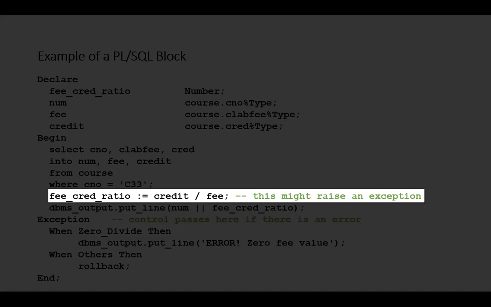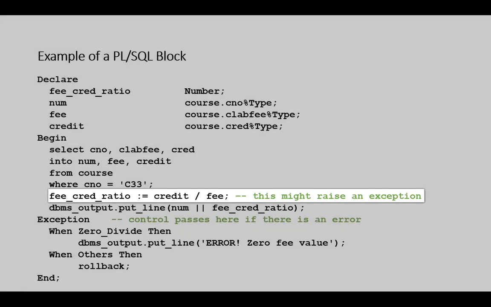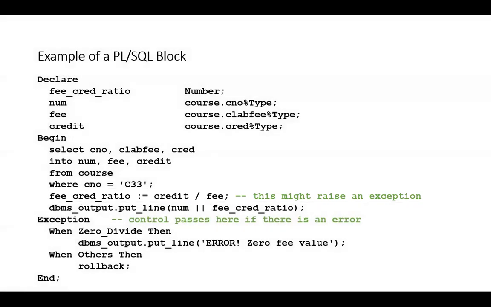Provided that the fee is not 0, the division will be successful. We'll make a call to DBMS output put line and report the values that we found. However, if the fee for this course is 0, we'll be attempting to divide by 0, and if that is the case, we skip over the DBMS output and we're thrown into the exception block.